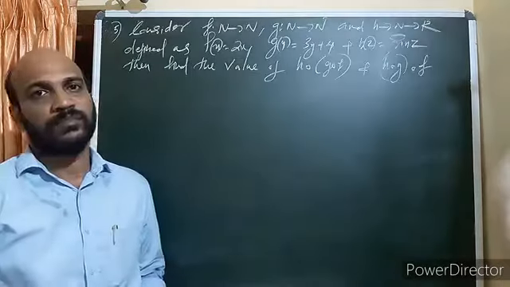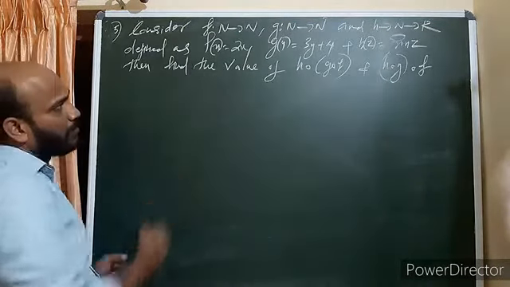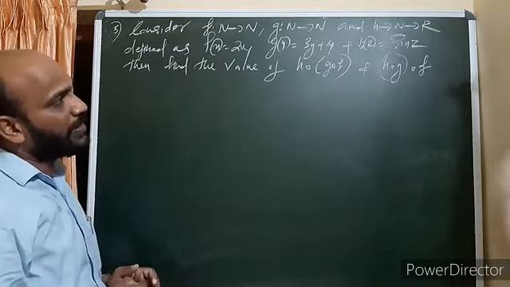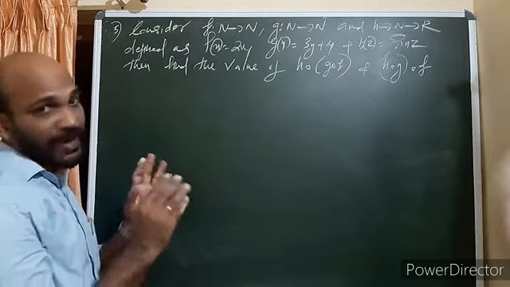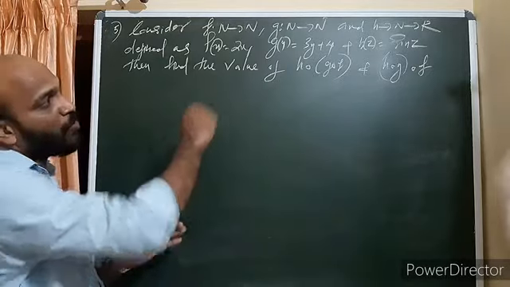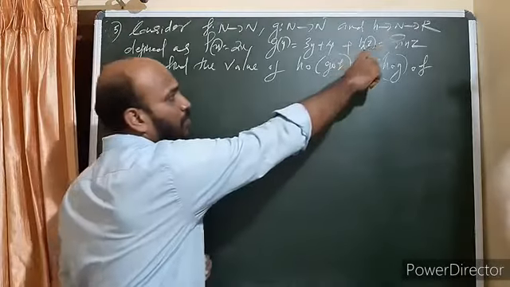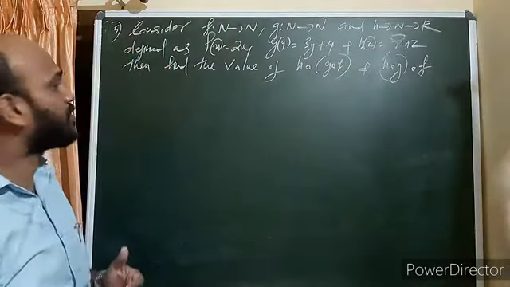Okay. Now, next question. Consider f from N to N, g from N to N, and h from N to R. We have three functions defined as f of x equals 2x, g of y equals 3y plus 4, and h of z equals sin z.